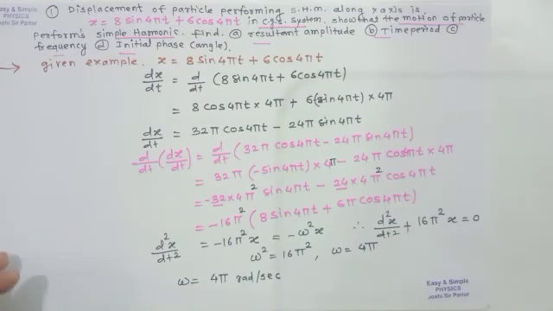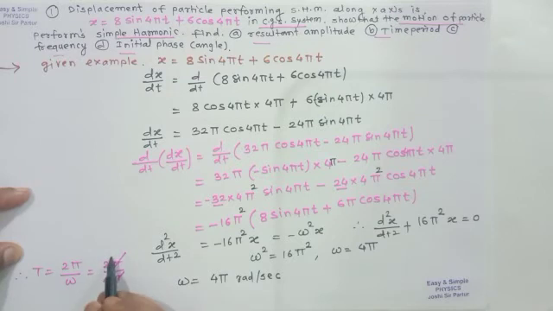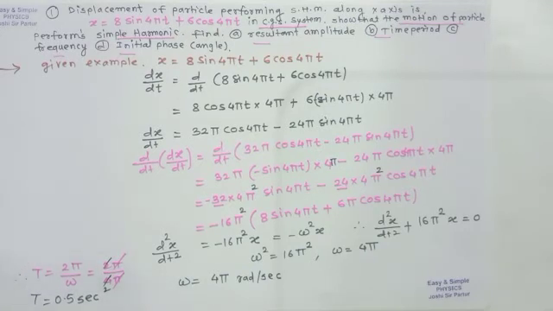For time period, T equal to 2 pi upon omega, 2 pi upon 4 pi, pi gets cancelled, so T equal to 0.5 second. Here the time period will be 0.5 second or 1 upon 2 second.